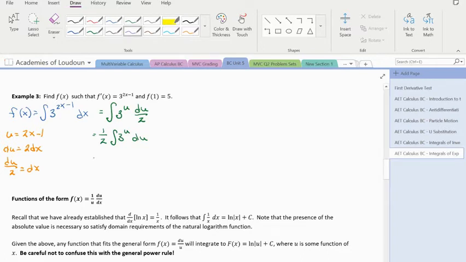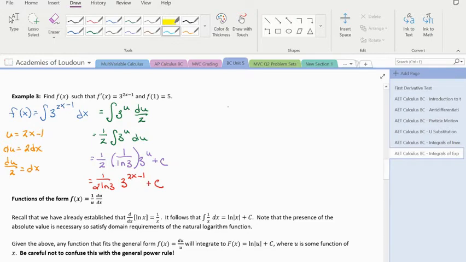So this becomes, following the formula, 1 over 2 times 1 over the natural log of 3 times 3 to the u plus c. Substitute in our u, and we have 1 over 2 natural log of 3 times 3 to the 2x minus 1 plus c.